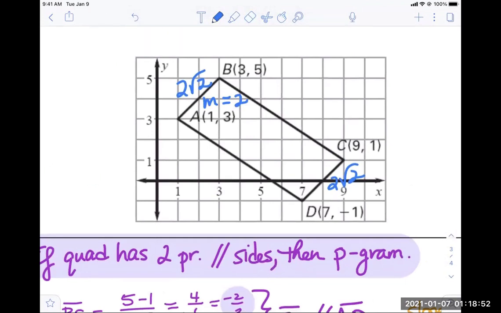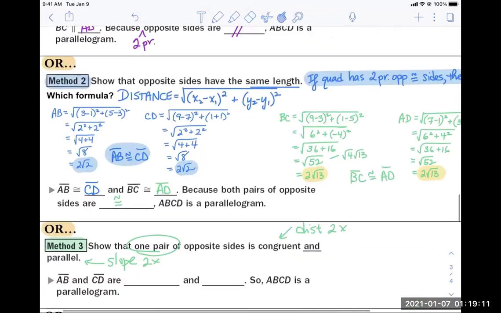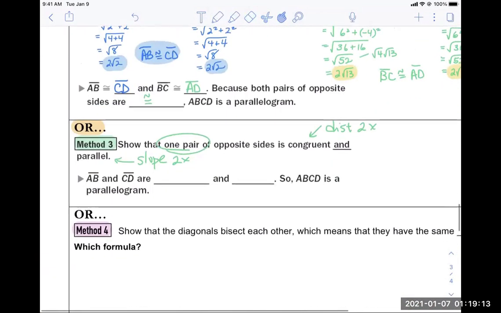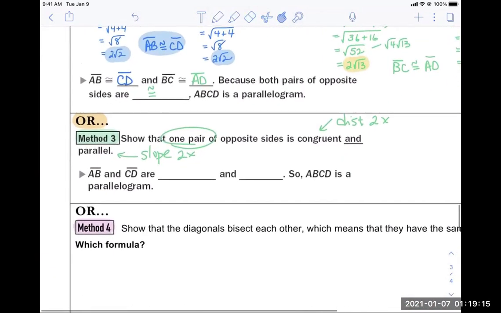No, are both 1. Right, up 2 over 1. Sorry, their slopes are both 1 because it's up 2 over 2. Their slopes are both 1. So that means that this pair of sides are parallel and congruent, and therefore that's a parallelogram. Okay, this is the theorem that you're using.